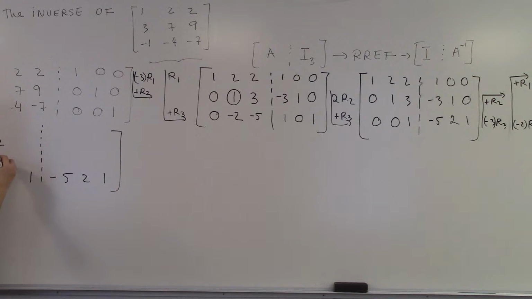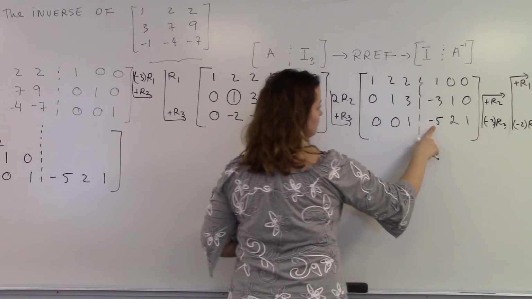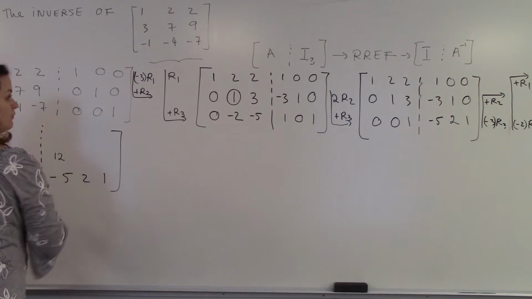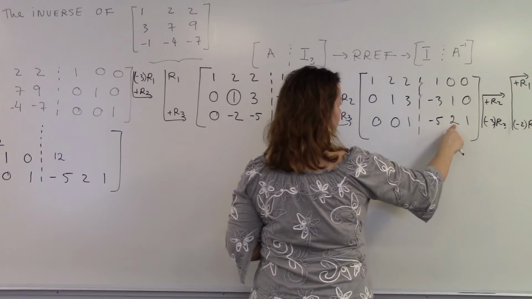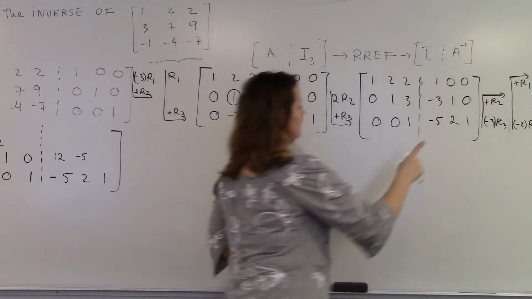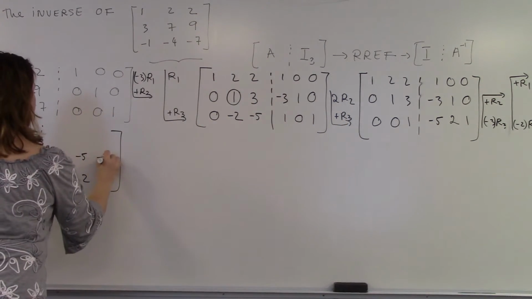So this is 0, 1, 0. -3 times -5 is 15, minus 3 is 12. And then -3 times 2 is -6, plus 1 is -5. -3 times 1 is -3, plus 0 is -3.